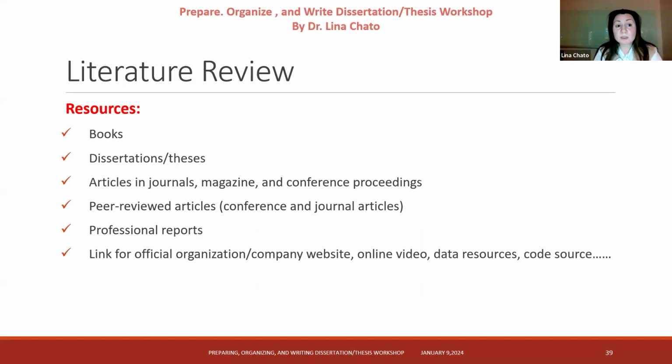Data resources: maybe you will not collect data, but there is data available from other organizations or institutions that you will use, and code resources that you used and developed in your dissertation. So many things, okay? All these are literature.